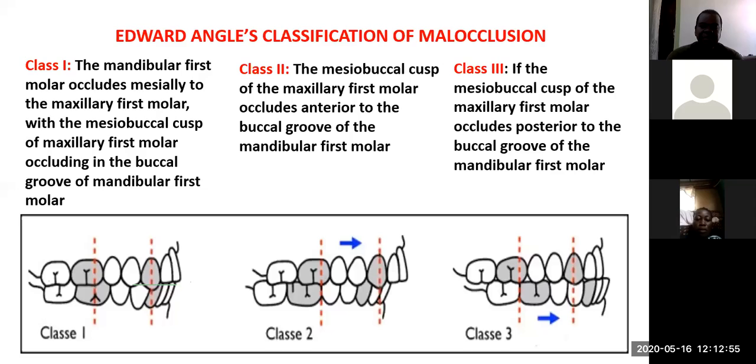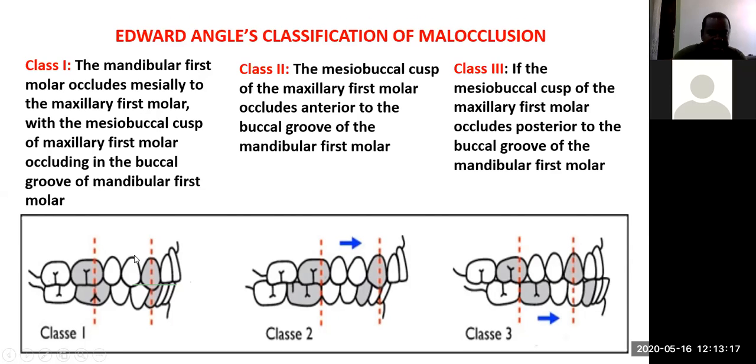So the mandibular first molar occludes mesially to the maxillary first molar, with the mesiobuccal cusp of the maxillary first molar occluding in the buccal groove of the mandibular first molar. You can see what we're talking about now. You can see the relationship in the image here. I believe everybody can see the image.